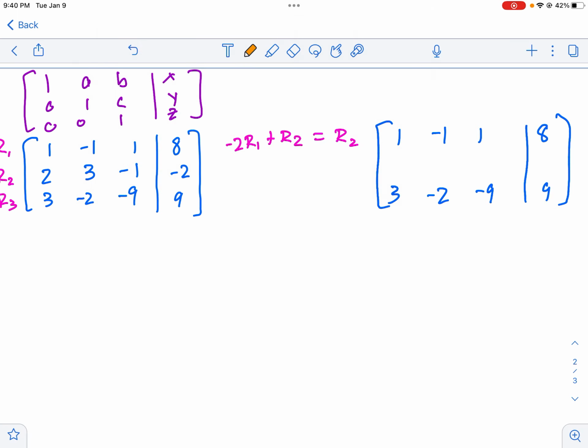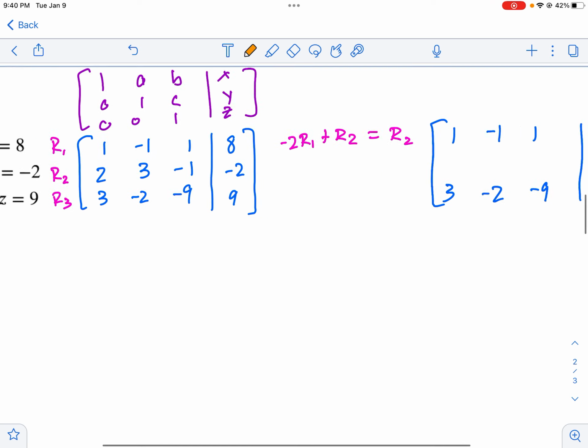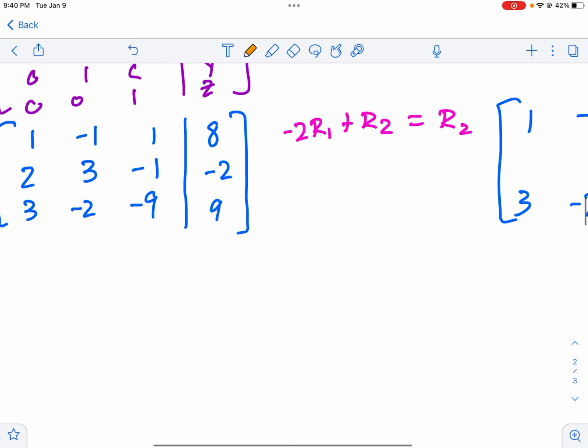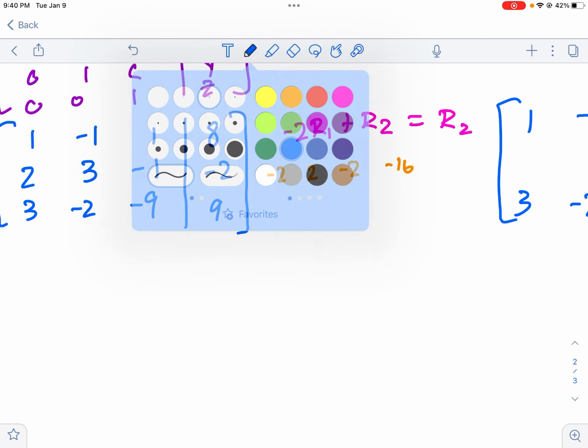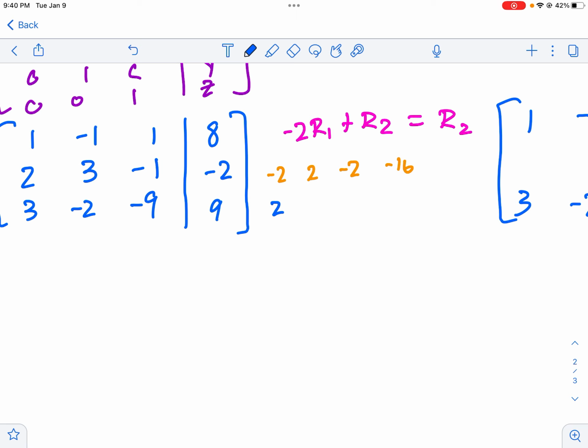So -2 times row 1, that gave me -2, +2, -2, -16. And I am adding it to 2, 3, -1, -2.